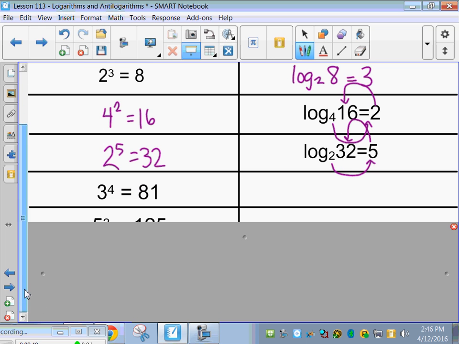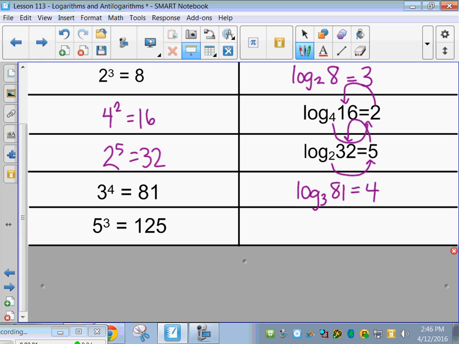Alright, here's another one in exponential form. So if I put it in log form, it's going to be log base 3 of 81 equals 4. Okay, you guys try this one. Okay, hopefully you put log base 5 of 125 equals the exponent 3.